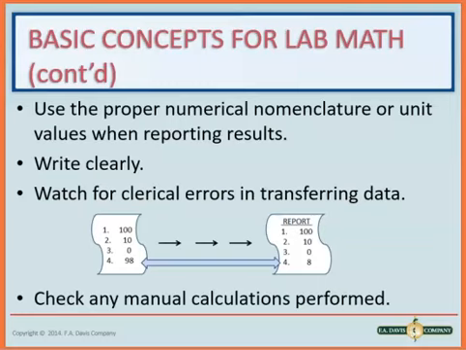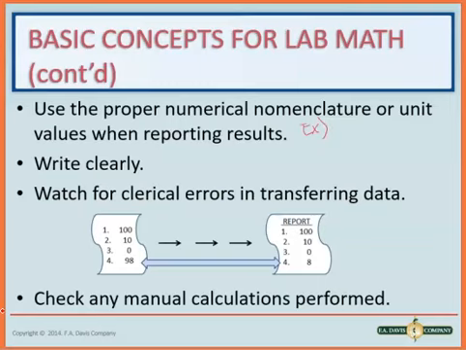If you just write a 5 down for a result, somebody might not know if you mean 5 milliliters or 5 liters. This is very critical because this could mean a significant difference for a patient. Maybe if it's a dosage of a drug, 5 milliliters is a huge difference from 5 liters. So let's look at some more examples.